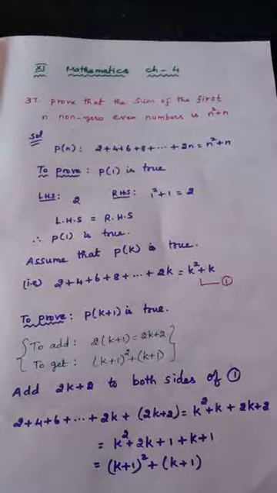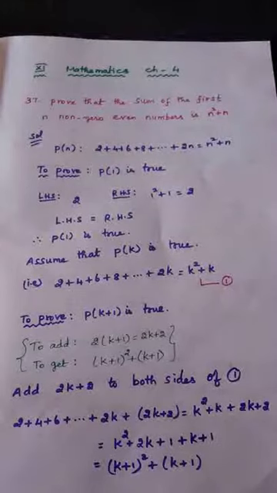We will repeat it once again. First step, we will prove the result for n equal to 1. So proving the result for n equal to 1 is the first step, the initial step. In step 2, we will assume that the result is true for n equal to k.